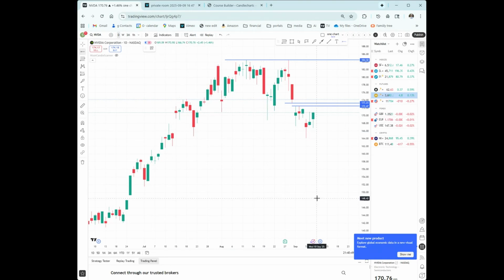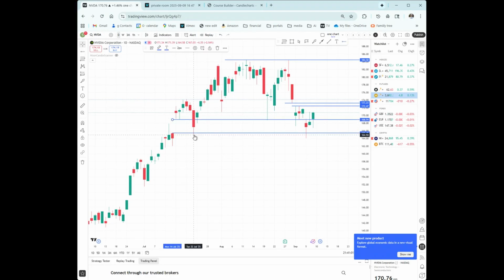And where do you think my potential support area is? Give you a little hint. Okay, see this rising window here? It got to the bottom of the rising window. It moved under it, but didn't close under it. So that is still a support area. Same thing here. It moved under it, but didn't close under it. So on a closing basis, it's the bottom of this rising window.